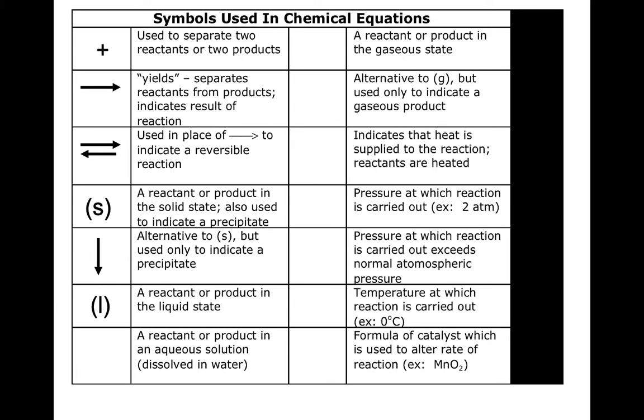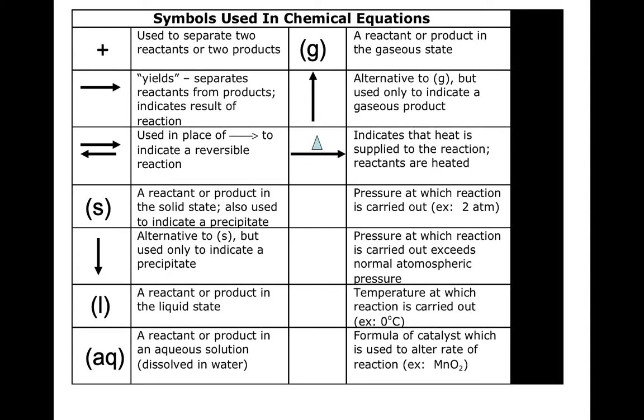If something is dissolved in water, we would use the symbol (aq). It's creating what's called an aqueous solution. A lot of what you've used in the lab before have been aqueous solutions. If something is a gas, we can use the symbol (g) in parentheses next to the substance. And since gases rise, we can use an up arrow to also represent a gas.